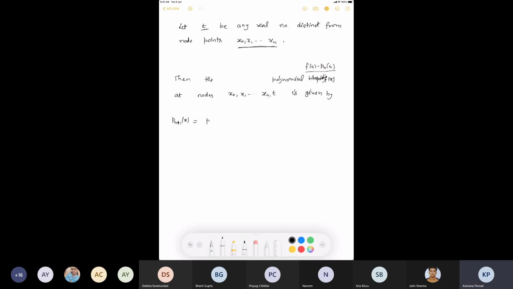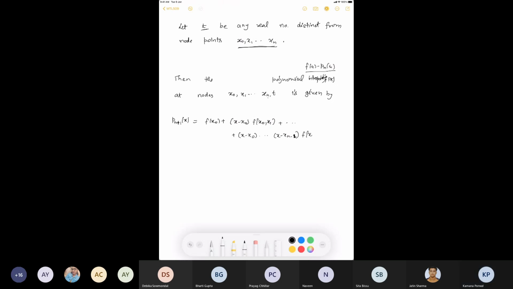So this is going to be f of x0 plus x minus x0, f of x0 x1. And this goes up to, the second last term is going to be x minus x0 up to x minus xn minus 1, because we have n plus 1 data points.